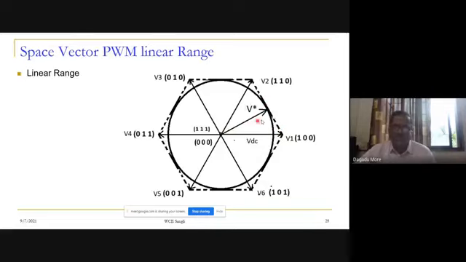What is the relationship between V star and VDC? So this angle is how much? This angle will be 30 degrees.